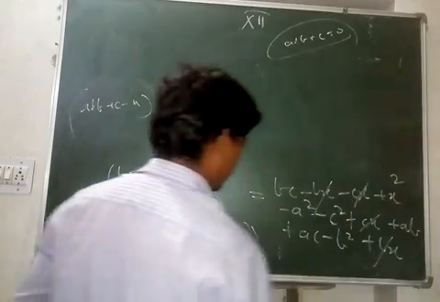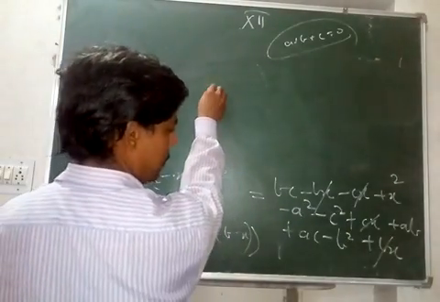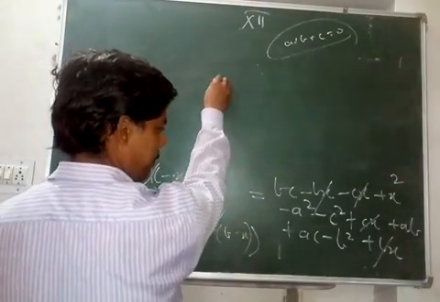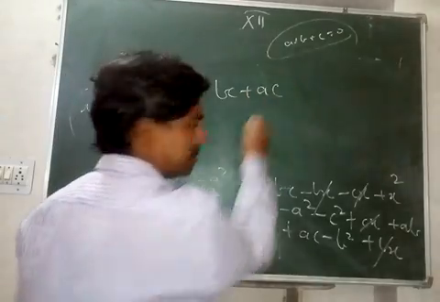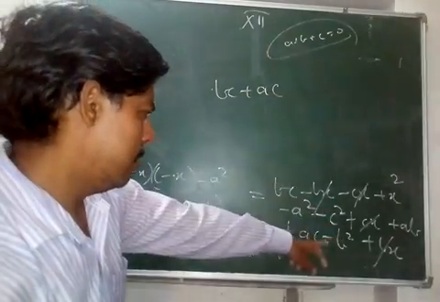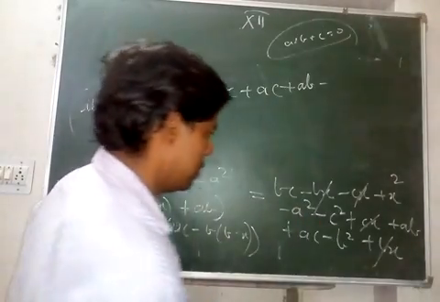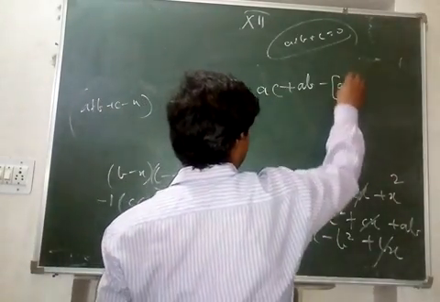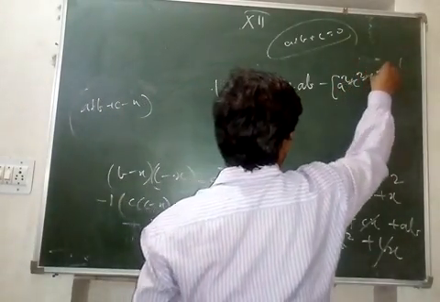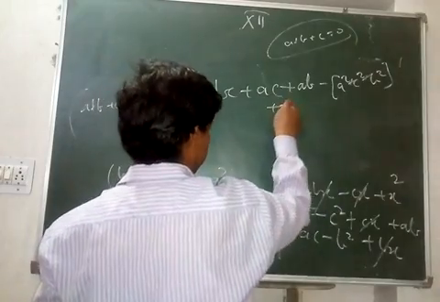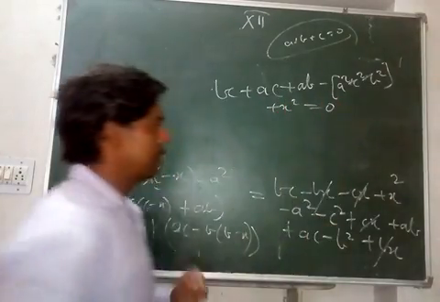So what will become: bc plus ac plus ab minus a square plus c square plus b square plus x square is equal to 0, right?